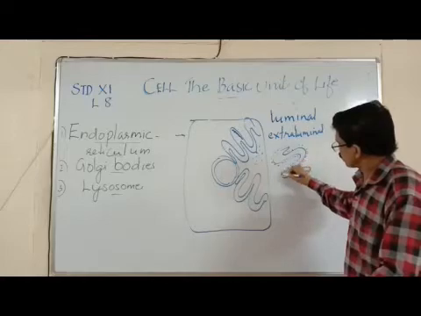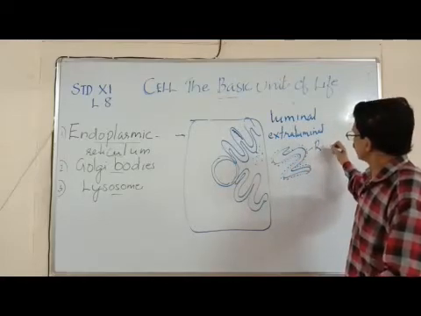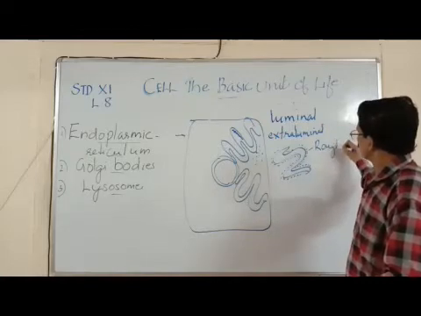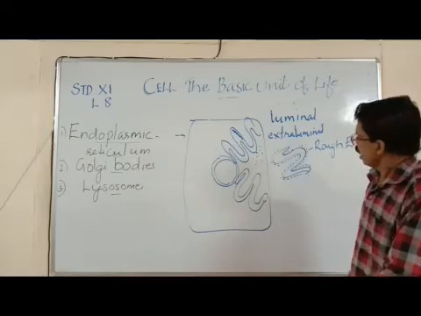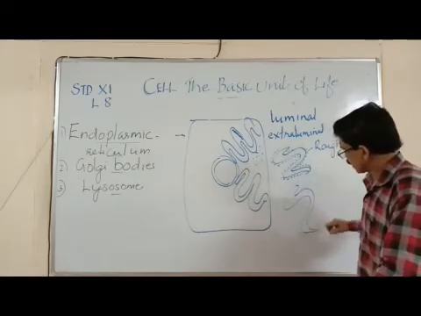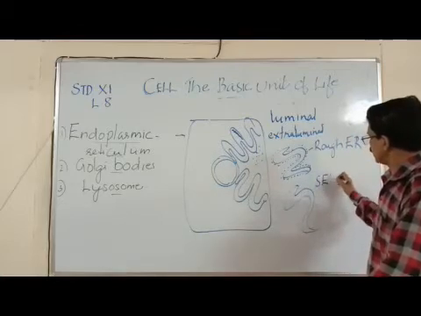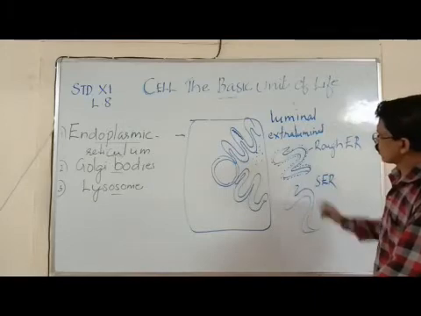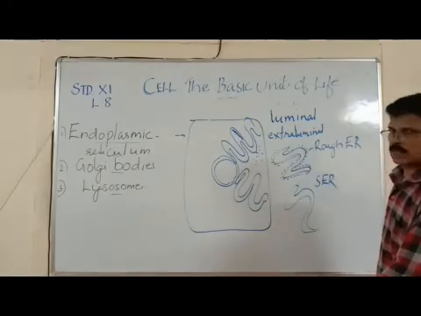The presence of ribosomes around the endoplasmic reticulum makes it rough endoplasmic reticulum, rough ER. Clear? And those without ribosomes on the surface are called smooth endoplasmic reticulum or SER. Of course, you can understand the functional status of this endoplasmic reticulum.